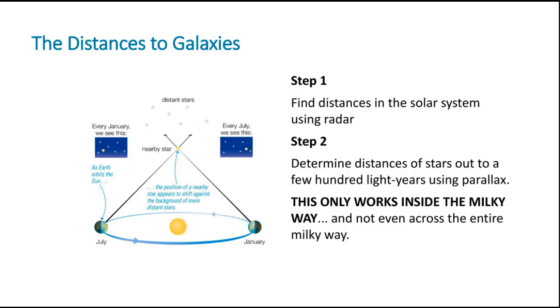So in January, we might see this yellow star kind of to the left of this grouping of stars. And then in July, we might see it more to the right of that grouping of stars. You can measure the angular distance of where that yellow star appears in the sky. And using that angle, you can do some trigonometry to calculate what distance that star must be away.